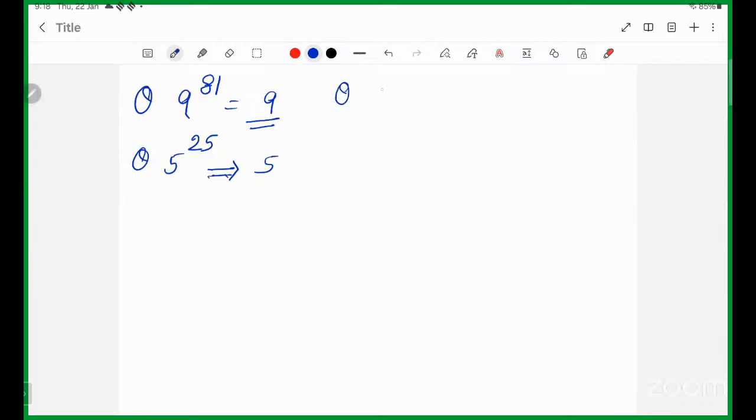Now one interesting question. If 3 raised to power n has unit digit 7, then 7 raised to power n will be? So here I will check what power n gives 7. 3 raised to power 1, 3 raised to power 2, but 3 raised to power 3 is 27.